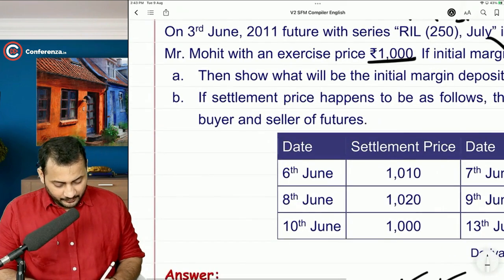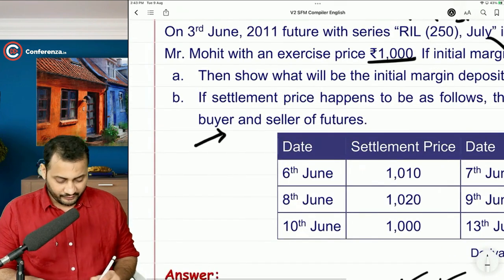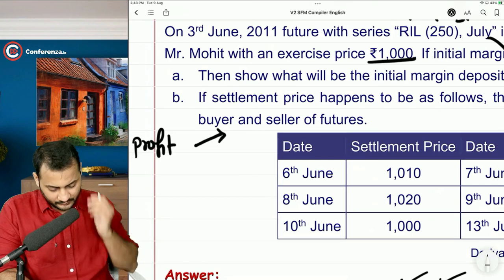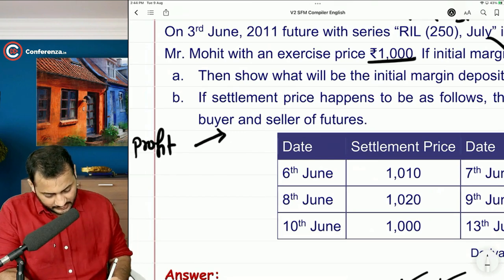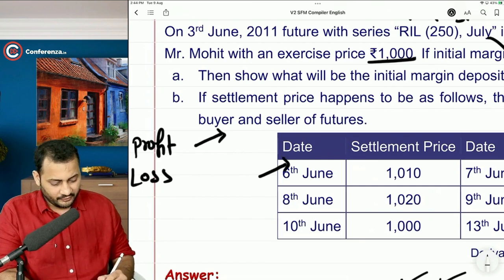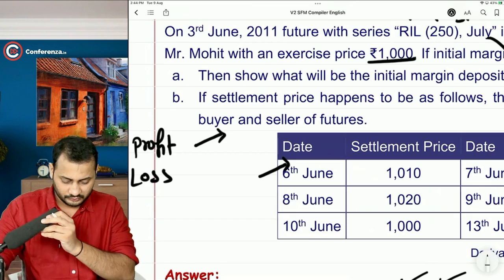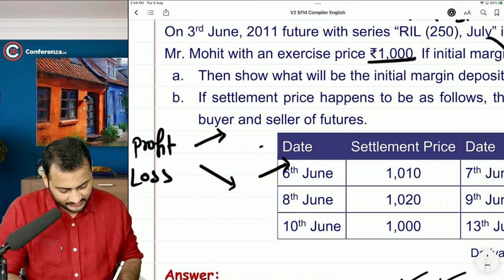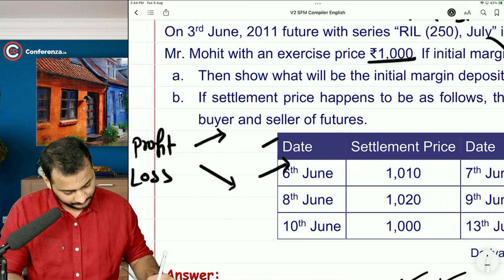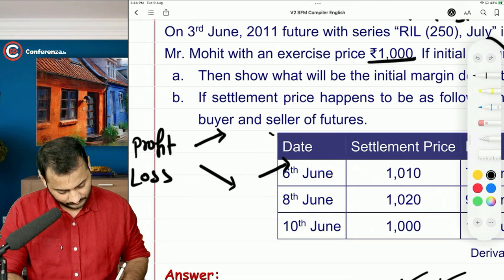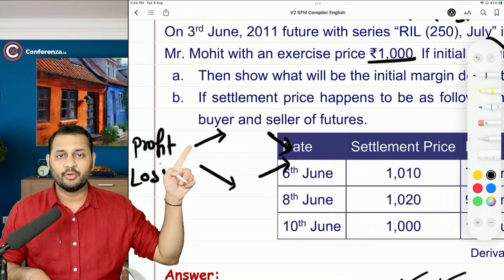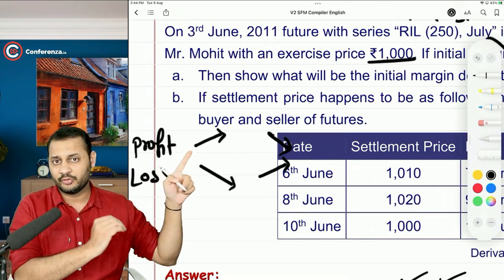Understand, when the price is going up, the buyer will have a profit and the seller will have a loss. But when the price will go down, the buyer will have a loss and the seller will have a profit. So it's very simple. The buyer's profit is when the prices are going up and the seller's profit is when the prices are going down.